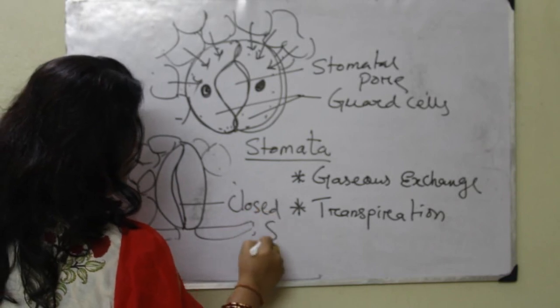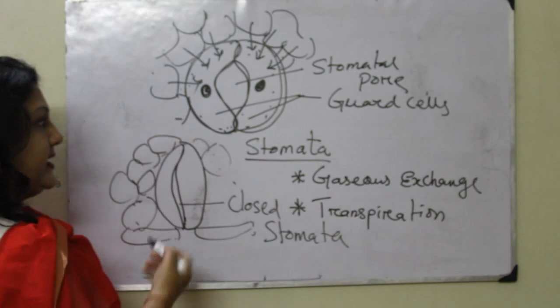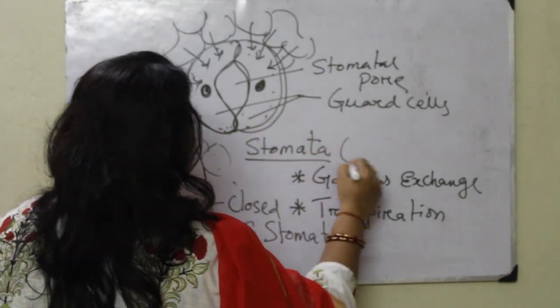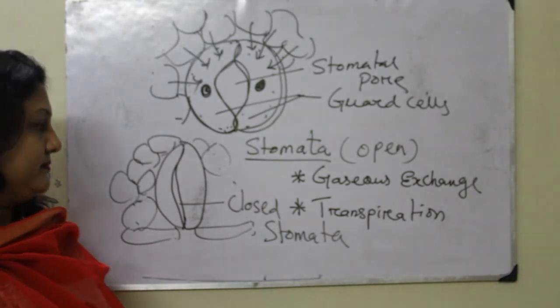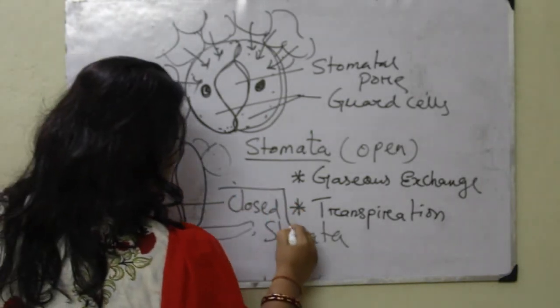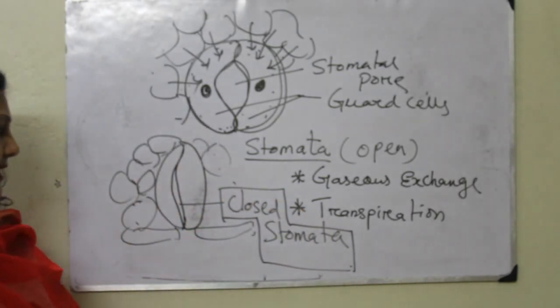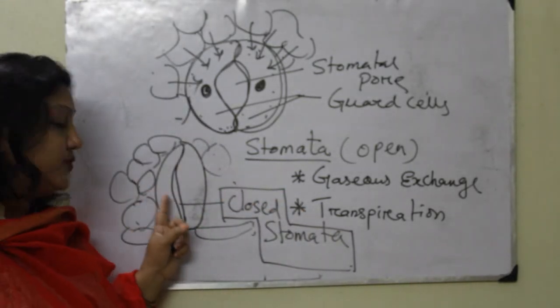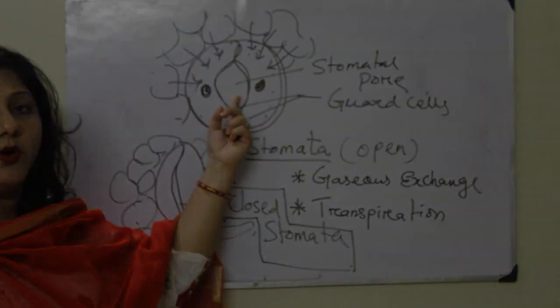Okay, so this is an open stomata. Clear? So this is a closed stomata. Right? So guard cells, after losing the water, shrink, come together, and close this opening.